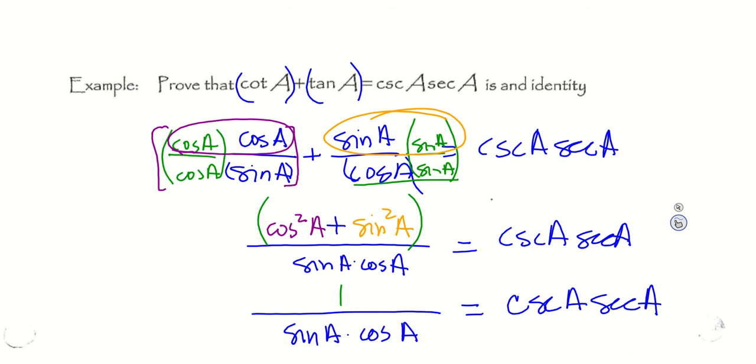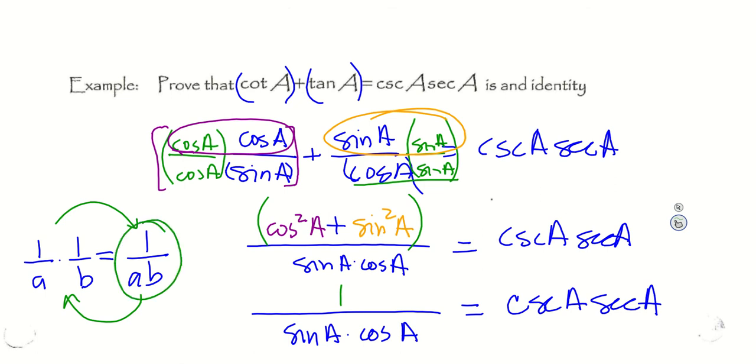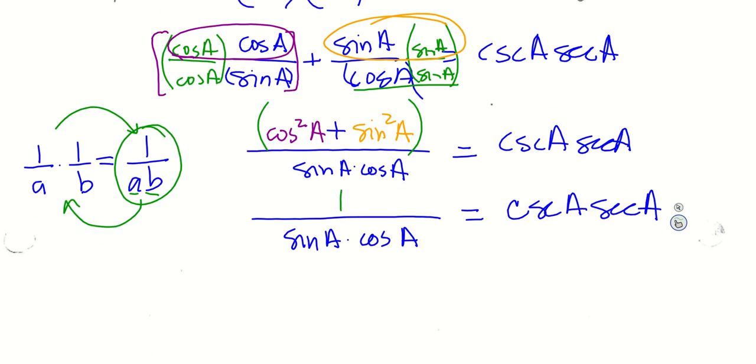Well, there's a property of multiplication that says if I'm multiplying two fractions together, so I have 1 over A times 1 over B, that we multiply the tops, we would get 1 in this case, and we multiply the bottoms, we get 1 over AB. Well, if I can go from multiplying two fractions to getting one fraction where the denominators are multiplied together, then I can go back the other way, which means that when we have a fraction, a number on top over two things that are multiplied, we can split that into a product of two fractions.